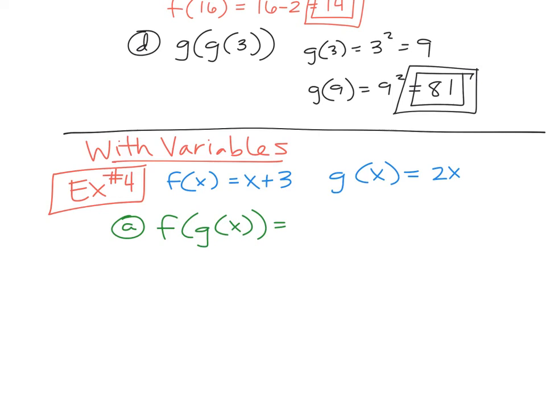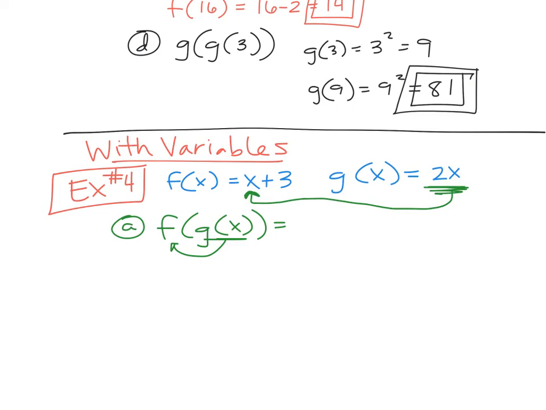So what's happening with this one is we're going to put our g of x into f of x, which means I'm taking this g of x and plugging that in place of my x in f of x. Does that make sense?